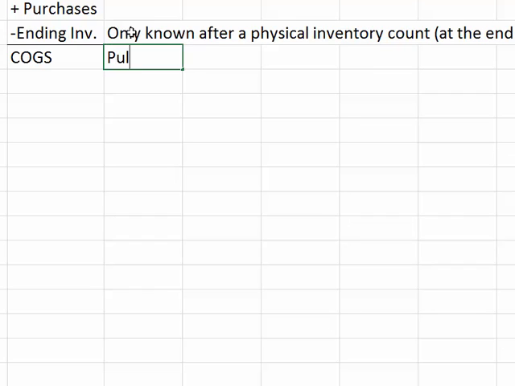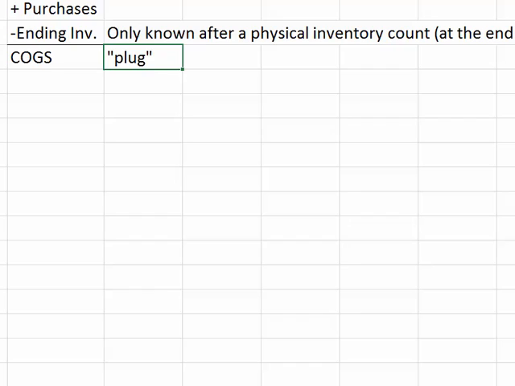So the cost of goods sold is a plug number. It's just determined after you take beginning inventory plus purchases minus this number that is physically counted, to arrive at cost of goods sold. So in other words, if it's not there in ending inventory, it must have been sold. So the cost of goods sold is a plug.